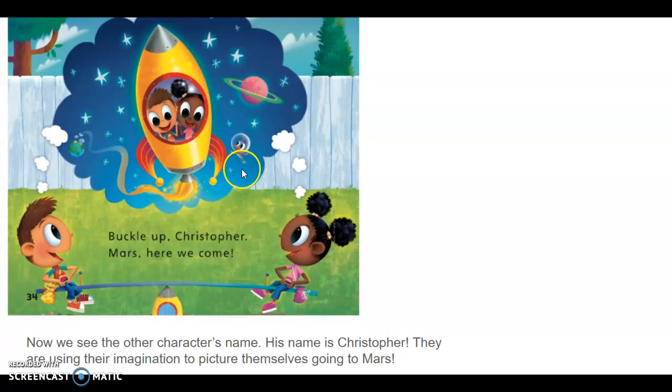And you can see, just like before, these little bubbles, they look like clouds. This is Rena using her imagination to imagine them going to Mars. And now we know the name of the second character. His name is Christopher. So they're both going to use their imagination to travel to Mars to gather up some rocks.